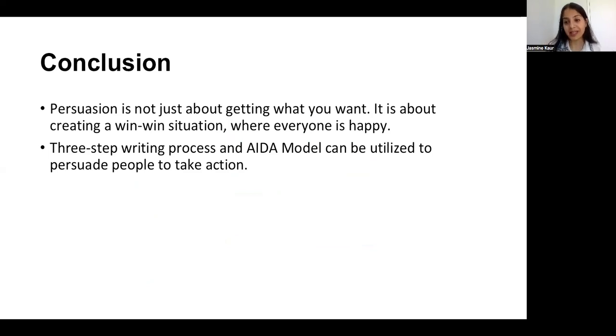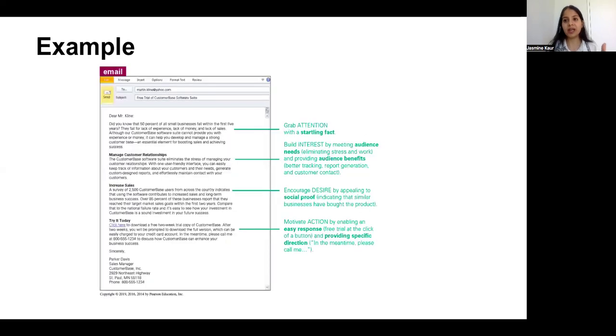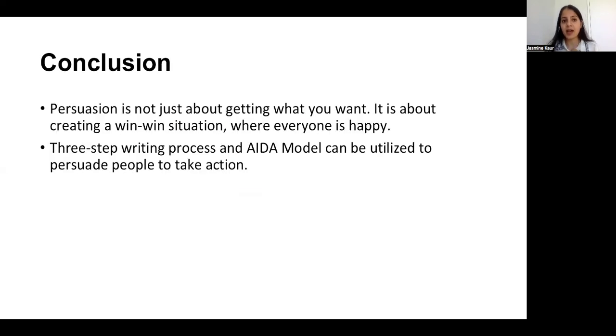For that, we can apply a 3-step process, which is analyzing, composing, and writing, and the AIDA model, which involves getting the attention of the other party, making sure that they are listening to our message, capturing their interest by enumerating the various benefits of a product, building upon the desire by providing social proof of how other companies have benefited, and closing the message with a call for action. So this is how a persuasive message can be drafted.